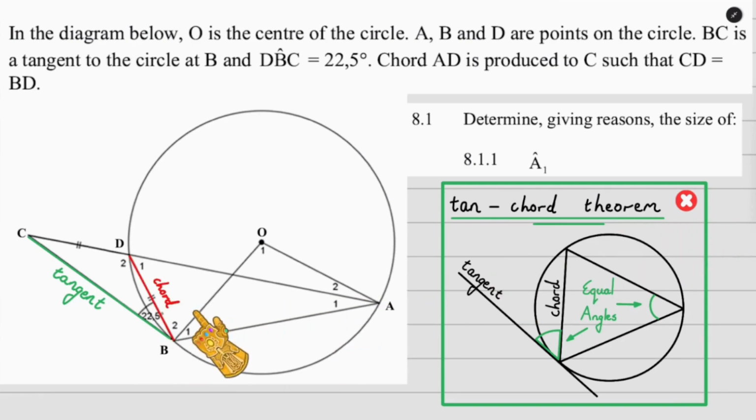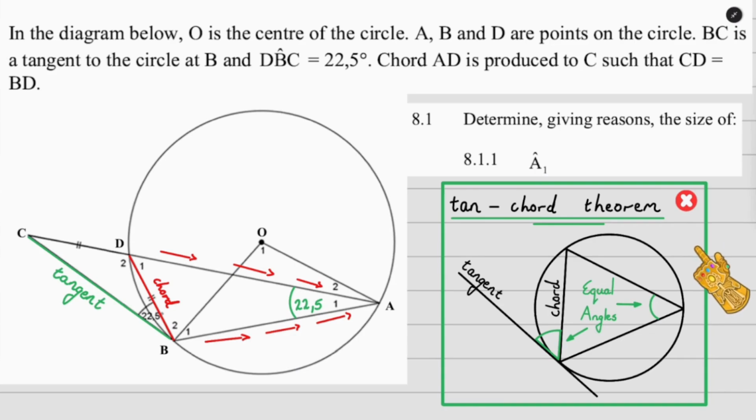And after recognizing our chord, we follow that down to the circumference. And when we follow that chord down to the circumference, it takes us to A1. So A1 will be the same size as this angle between the tangent and chord, which is 22.5. And now we've successfully applied the tan chord theorem.